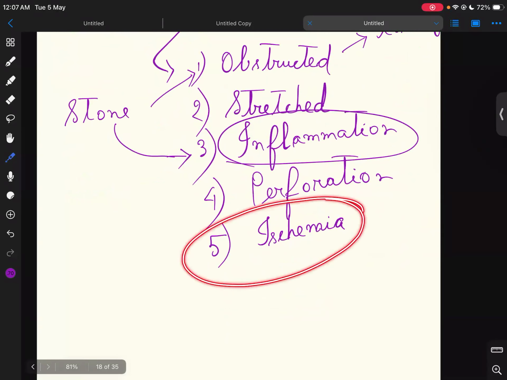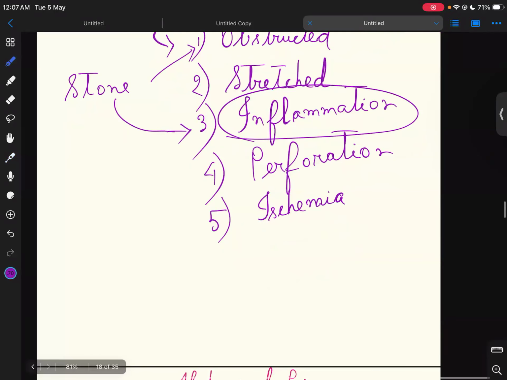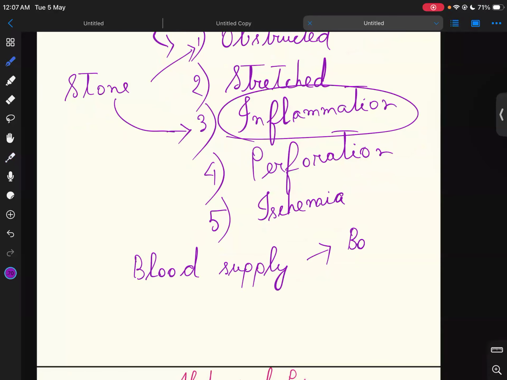In case of ischemia, the blood supply to the bowel will get interrupted. Our bowel has some blood supply. These are mostly medium-sized vessels. This blood can supply directly to the bowel wall, or it can supply the mesentery.